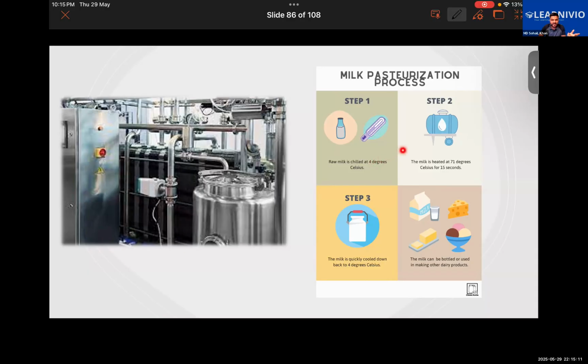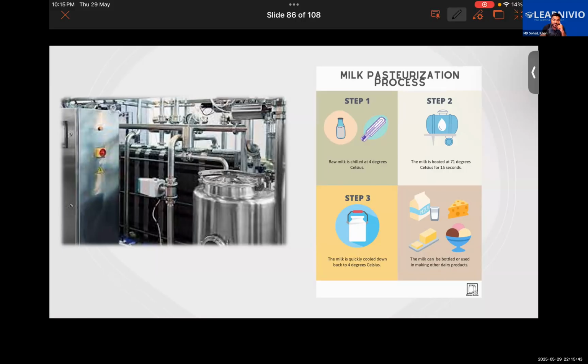Then the milk will be heated to 71 degrees Celsius for about 15 seconds to kill some more microorganisms. And then again, it will be cooled down quickly back to 4 degrees Celsius. So we are cooling it, heating it, then cooling it. In this manner, most of the microorganisms living in the milk will be killed, or their metabolic activities and rate of multiplication will be slowed down.